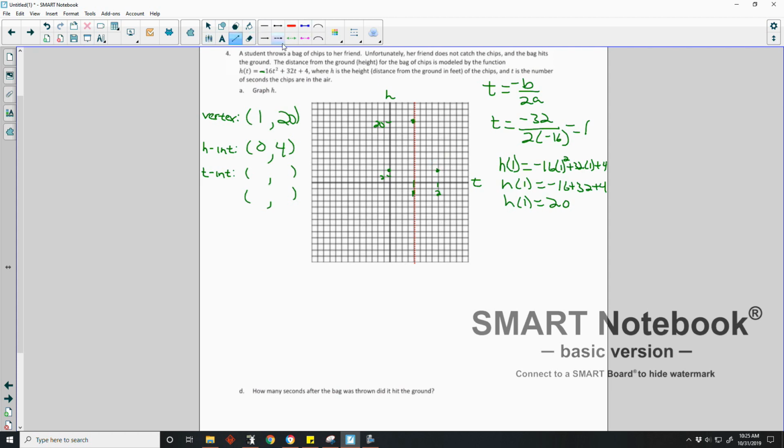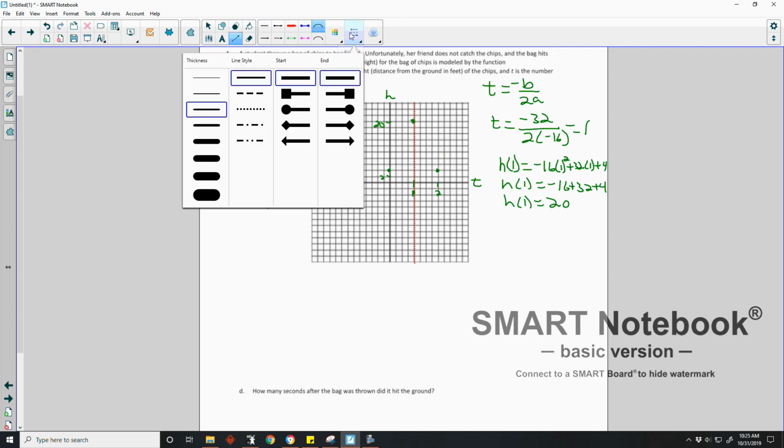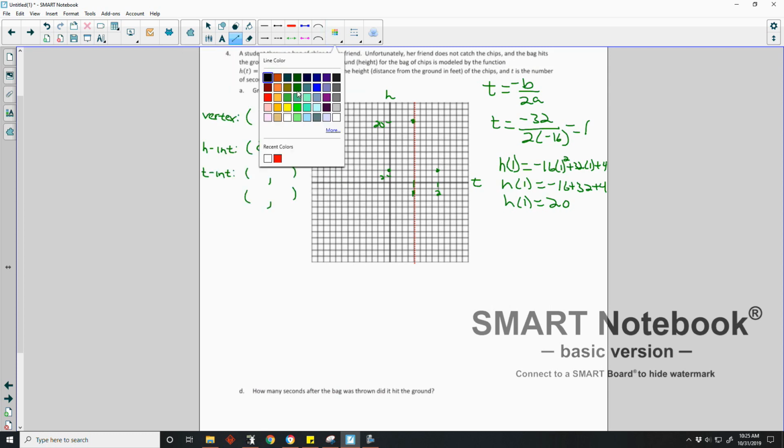Now if I draw an arc, let's make it green, from here to here, going through there. Okay, that's approximately what our arc would look like. But it's going to continue down because we have to have it cross, so let's just continue that.